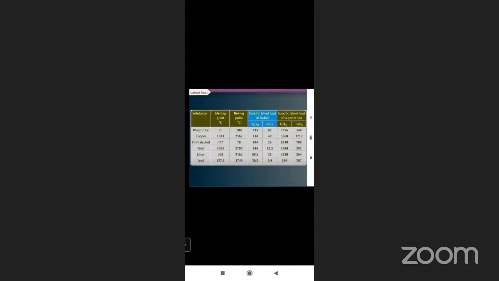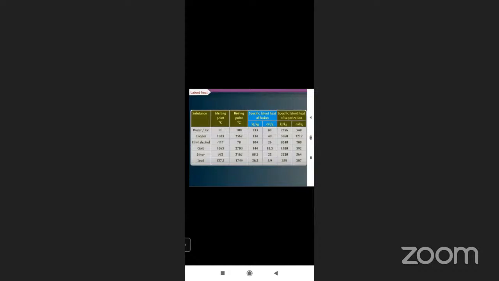Then fourth substance is gold. The temperature of the melting point of gold is 1063 degrees Celsius and its boiling point is 2700 degrees Celsius. The specific latent heat of fusion of gold is 144 kilojoule per kilogram and 15.3 calorie per gram.